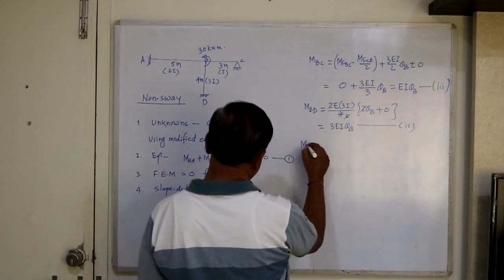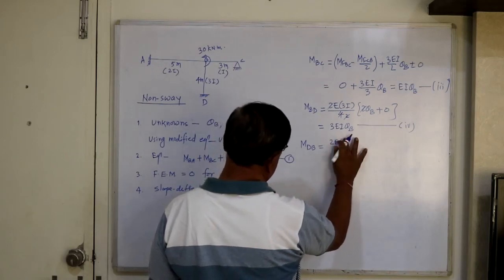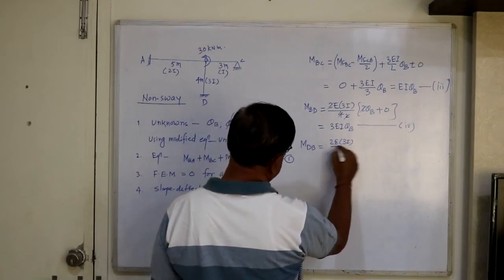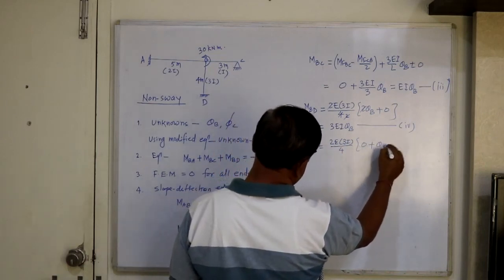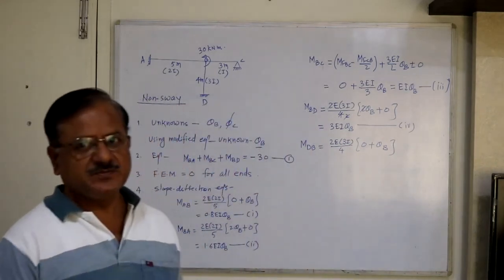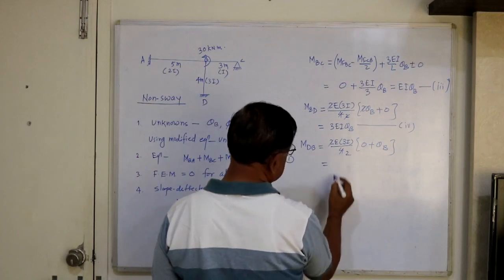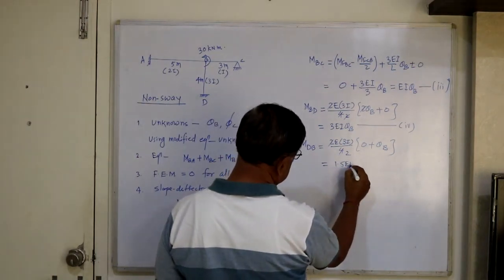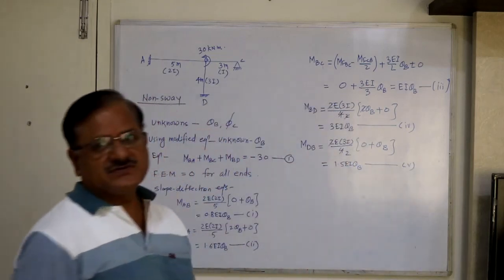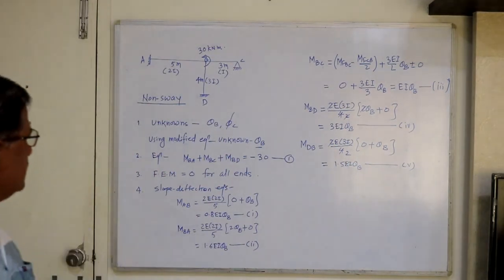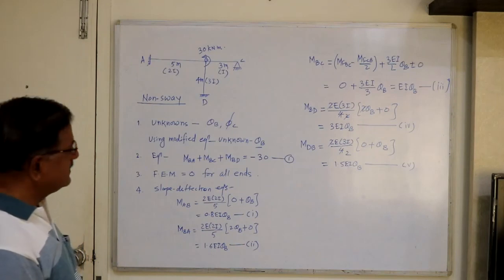And the last equation, MDB, is equal to 2 EI, value of I is 3I divided by 4, 0 plus theta B. And this again is 3 by 2, 1.5 EI theta B, equation 5. So we have got 5 equations to find the end moments for members AB, BC and BD.